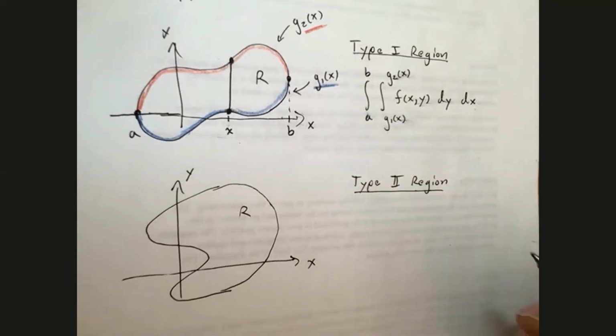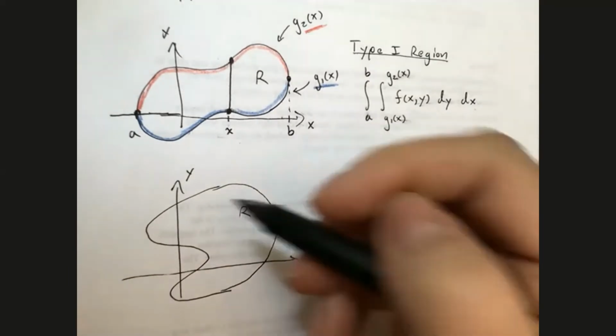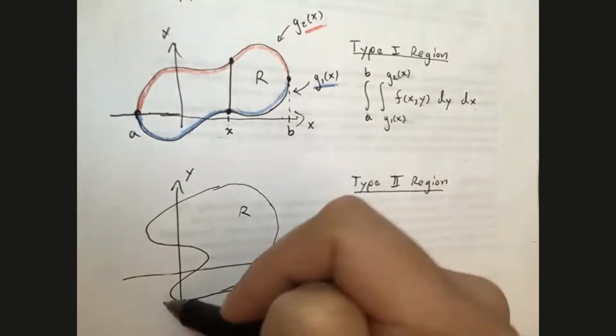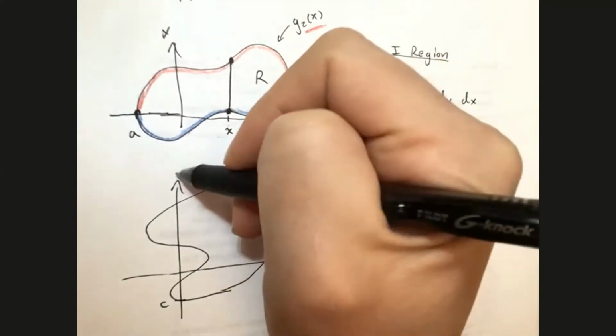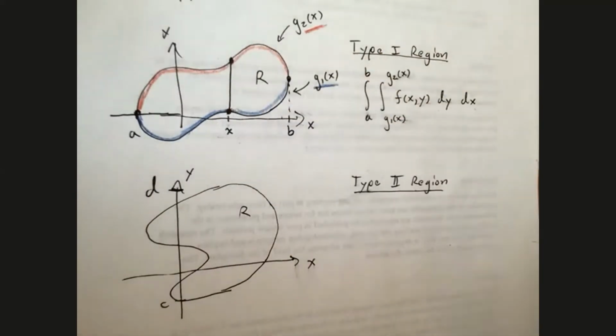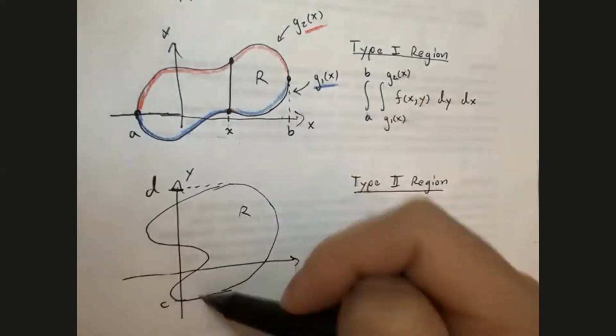A type 2 region is kind of the other way around with respect to x and y. So for each y in an interval, I can think of y going from c up to some number d here. So that will span the entire region.